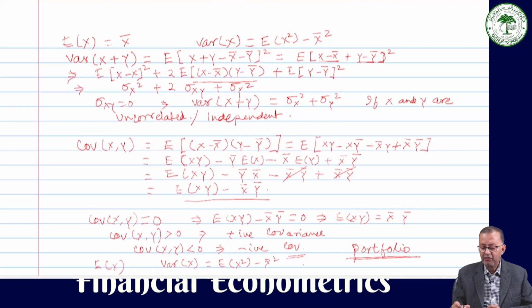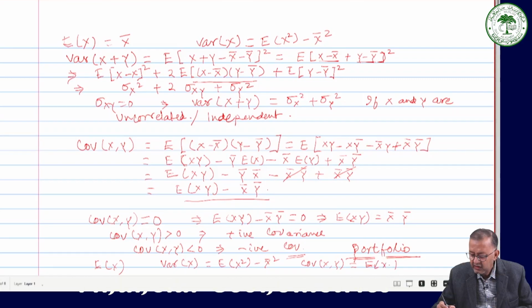And the covariance between two variables we denote by the expected value of xy minus x bar y bar.